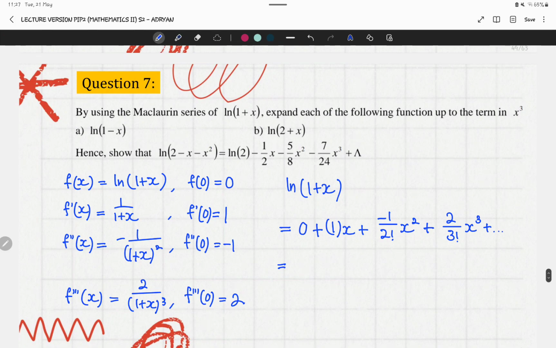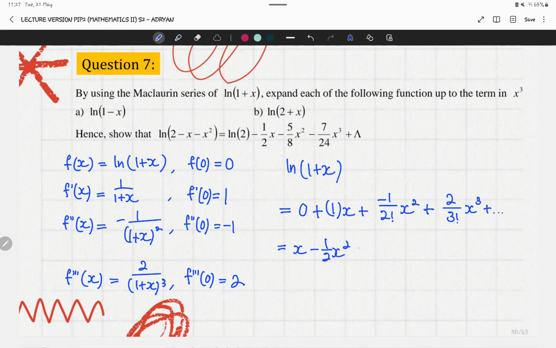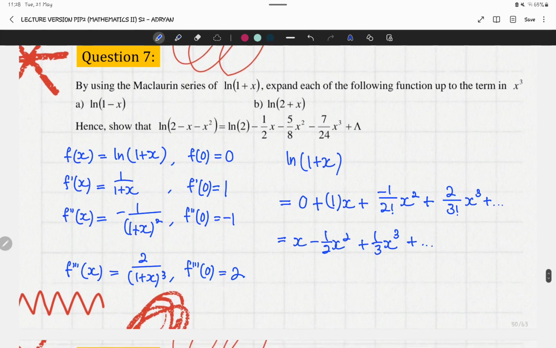Simplifying, you should get x minus 1 over 2 x squared plus 1 over 3 x cubed plus dot dot dot and so on. So this is your Maclaurin series for ln(1 + x).